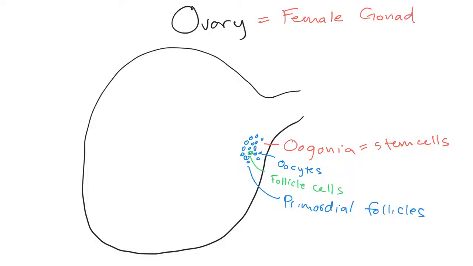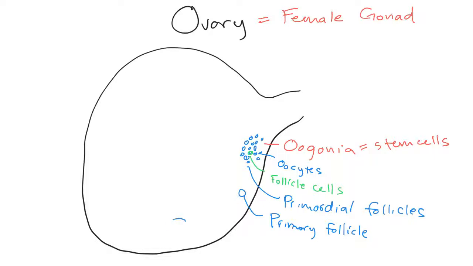Through every estrus cycle, a few of them will develop and become bigger. One of them will become bigger than the rest, becoming the primary follicle, and the rest will just regress and go through apoptosis.